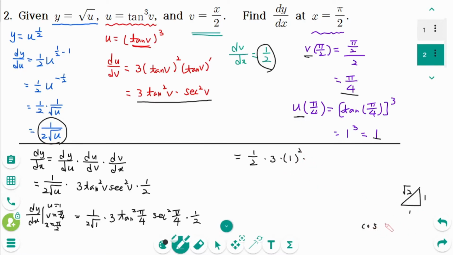Then cosine pi over 4 equals 1 over square root of 2, then secant pi over 4 equals the reciprocal of this one, then square root of 2 squared times 1 over 2, equals 1 over 2 times 3 times 2 times 1 over 2, canceled. The final answer is 3 over 2.